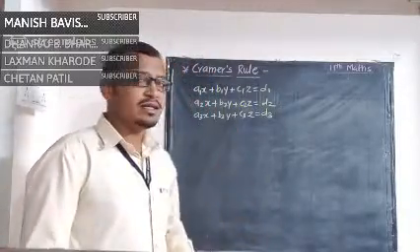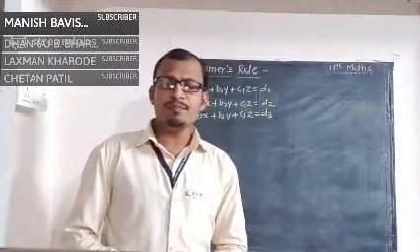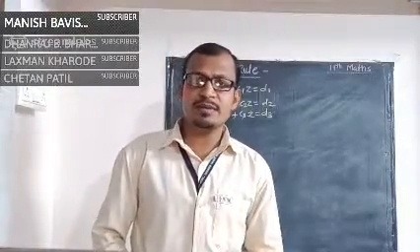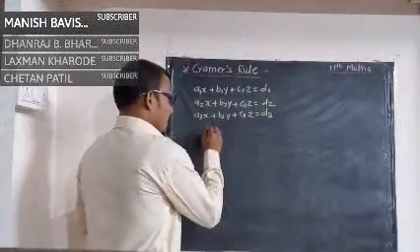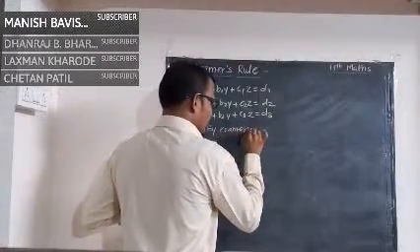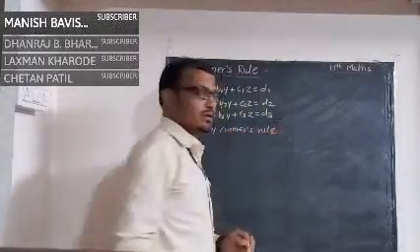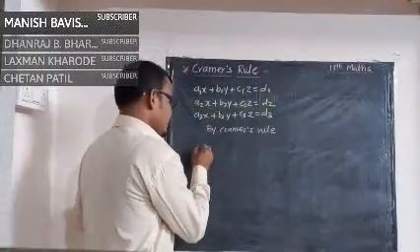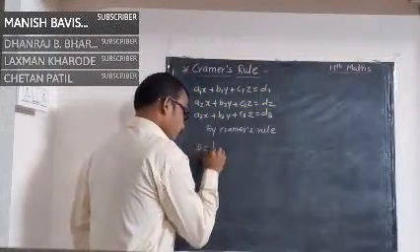Then by using Cramer's rule, first we have to find 4 determinants.